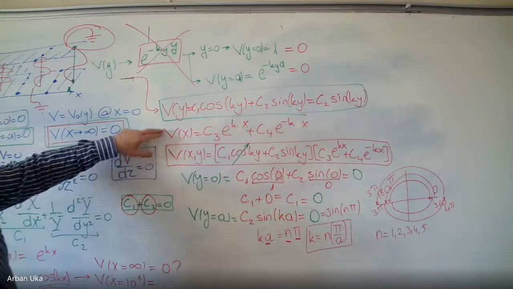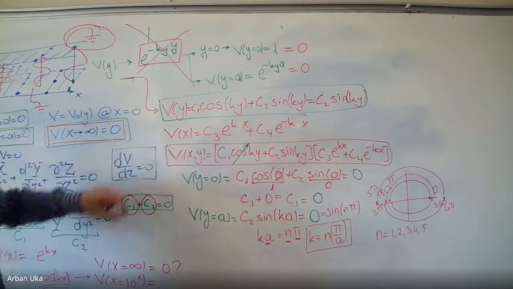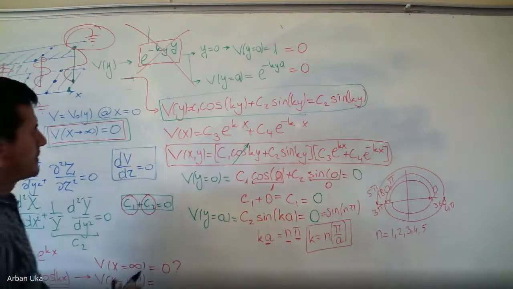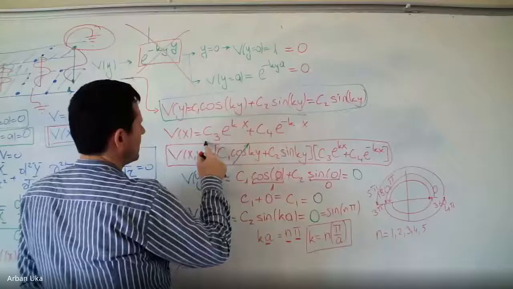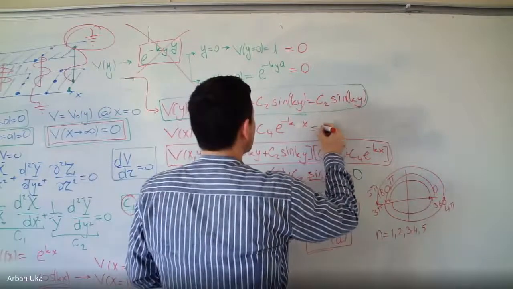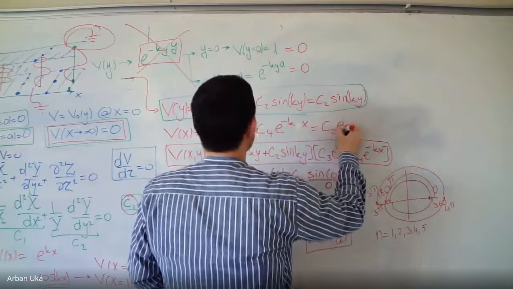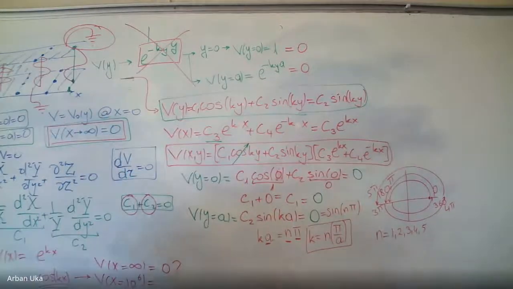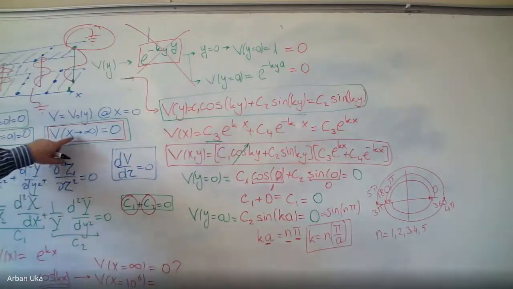Which one would you choose here to keep? C3. You want to keep C3, right? Yes. So then this potential is going to be equal to C3 e to the power kx. Are you okay with it? Then let's try to implement this term.